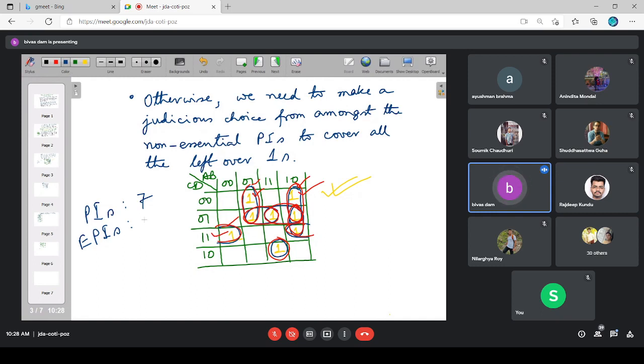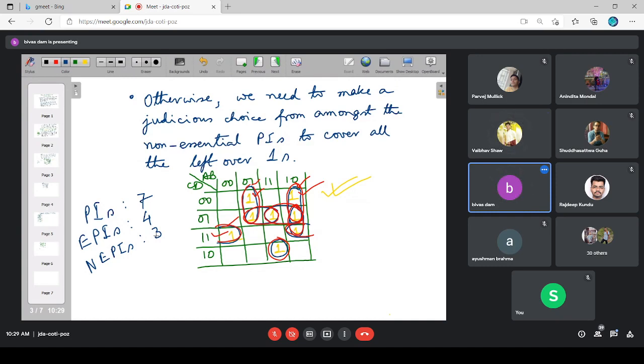So the number of essential PIs is 4. Non-essential PIs, how many? The number of PIs is 7. So if your essential PIs are 4, then non-essential PIs are 3. 7 minus 4.